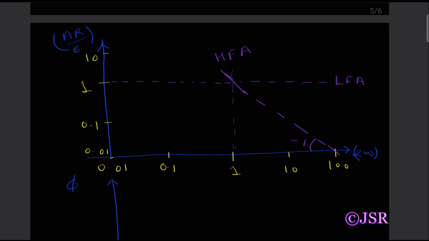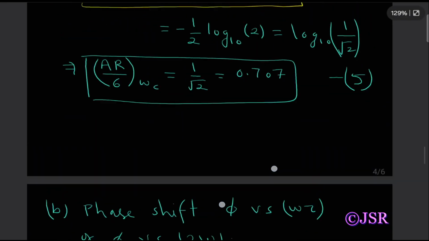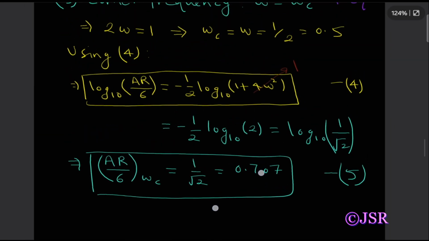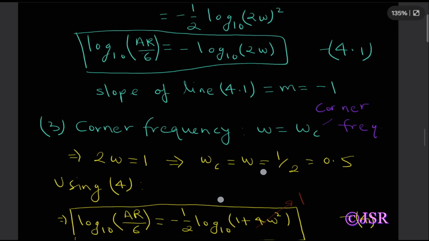So when omega is equal to 0, we will have AR by 6 equal to 1. When 2 omega tends to infinity, we will have AR by 6 equal to 0.